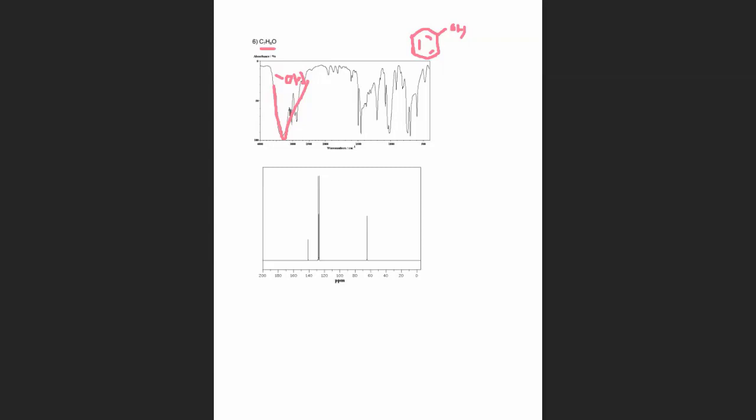We currently have 6. So we need to figure out where that 7th carbon is. That's where this CNMR comes into play. With CNMR, we do have 3 signals right here.